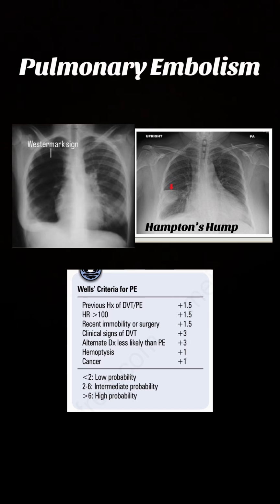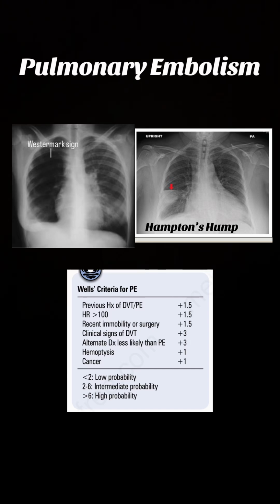If someone has a Wells score less than 4, you have to go for D-dimer testing. If it shows more than 500, then you're going to go for the diagnostic test, which is CT pulmonary angiography. So CT pulmonary angiography is a diagnostic modality, and it would further show whether the person has pulmonary embolism or not.